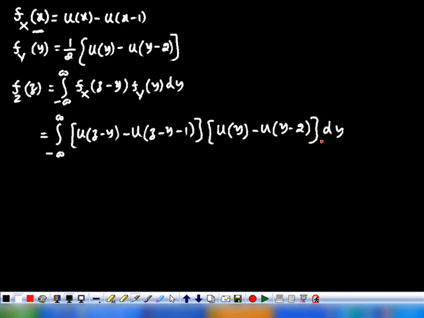The 1 by 2 is a constant, which can be taken outside. Now multiply the two terms and separate the integrals.